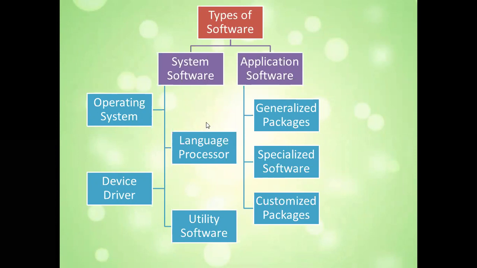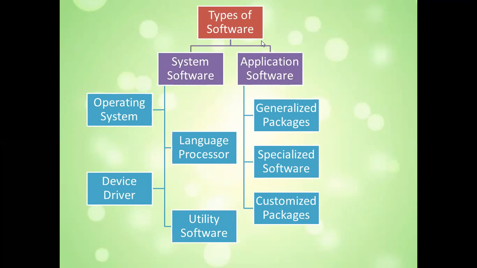Like the interpreter converts our language to computer language line by line. If I write the first line, it will convert it and the computer will understand it. Then it will convert the next line, then the next line, and keeps on doing this line by line only. And a compiler is a language processor which converts the whole program in one go.